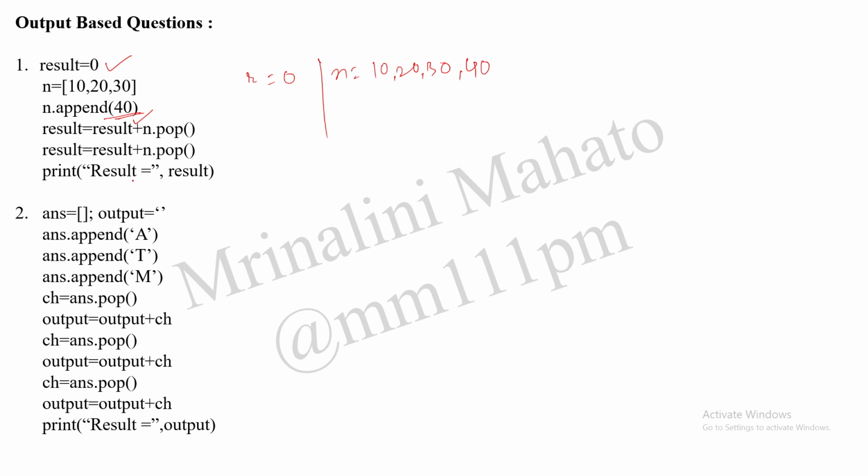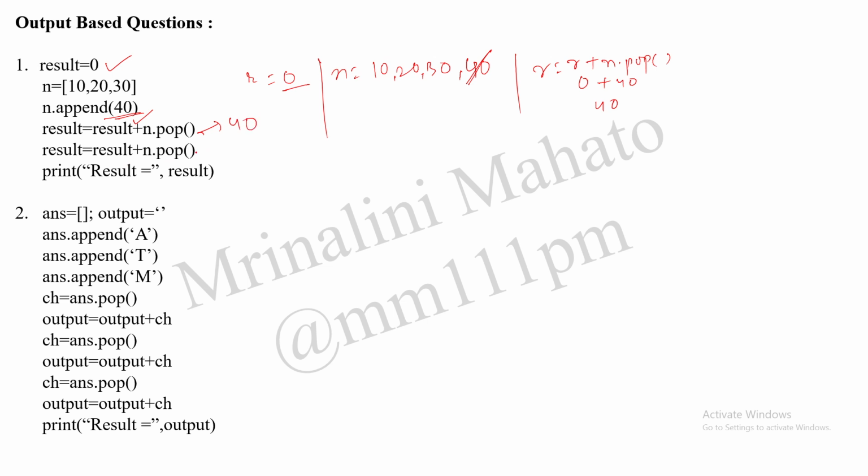Now result equal to result plus n dot pop, and what is the result value given? 0. Here it is written r equal to r plus n dot pop. Okay, and you know that pop means the last element, which will be this 40 first, and the r value is 0. 0 plus 40, what value will come? 40. So here the answer will come 40.